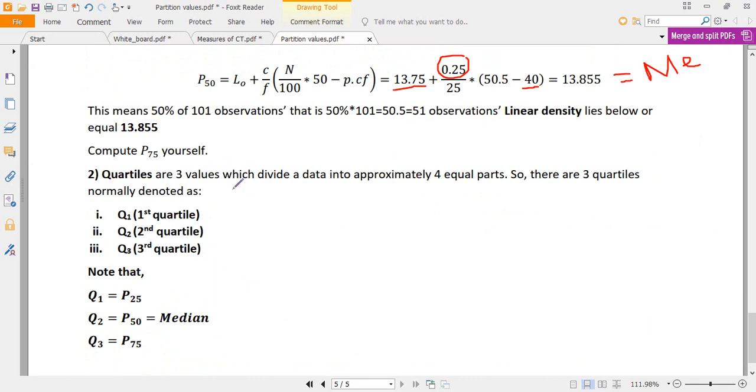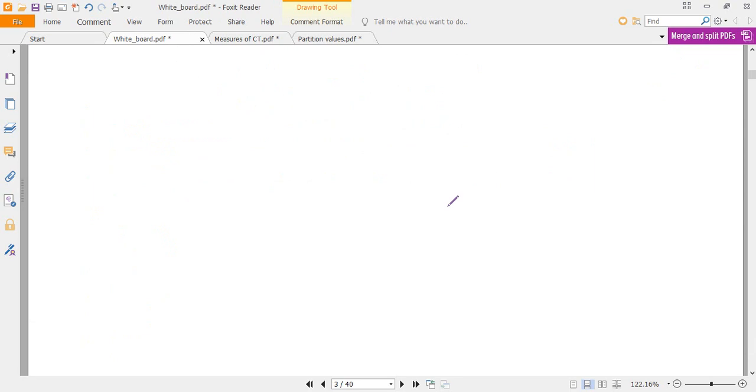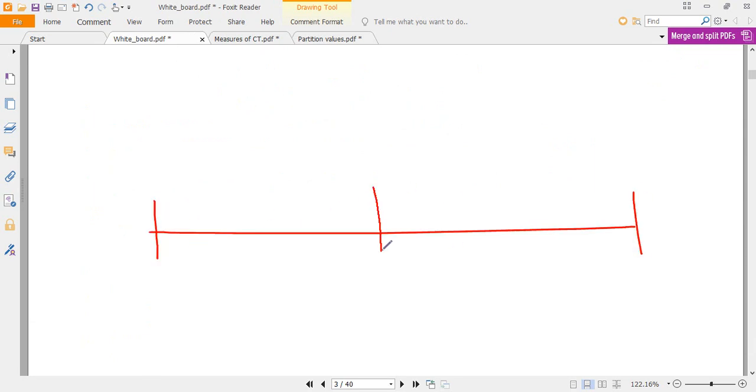So what are quartiles? Quartiles are three values which divide the data into approximately 4 equal parts. Percentiles are 99 values which divide the data into approximately 100 equal parts.